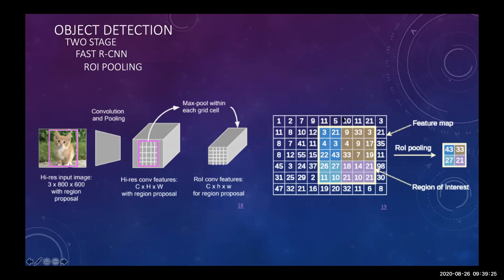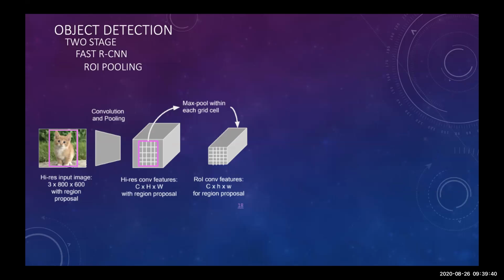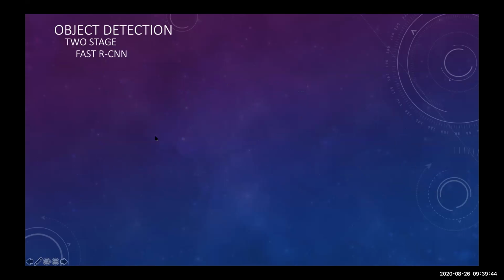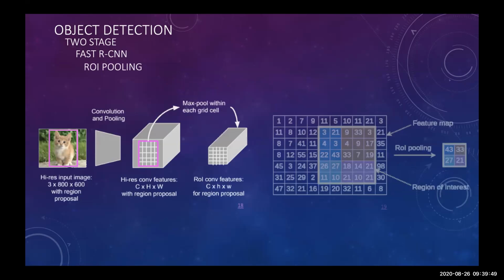No matter how big this region of the feature map was, really wide or really tall, you can still slice it up 7 by 7 and then take a max pool. So what's cool is you didn't have to do any warping like you had to do in the RCNN, which was really awesome. You could preserve the originality of the image.